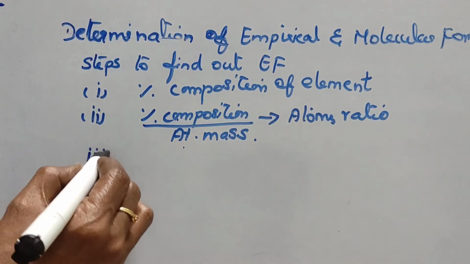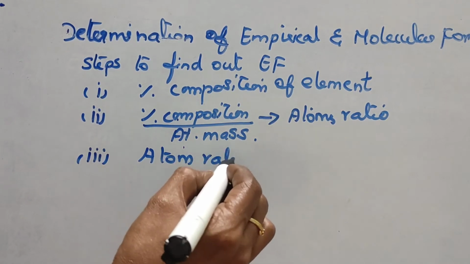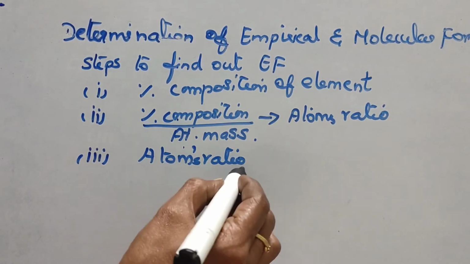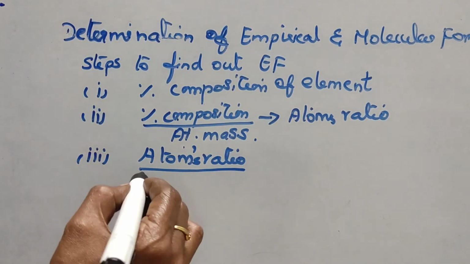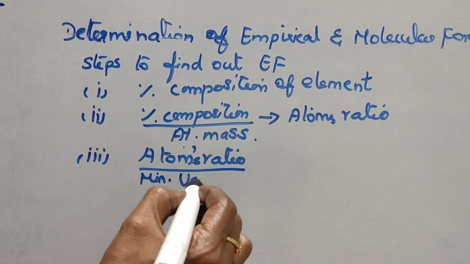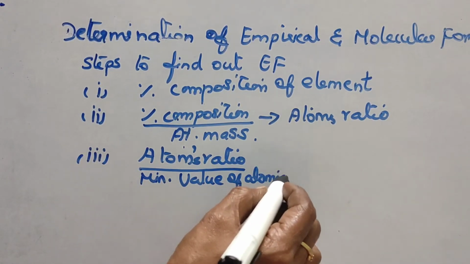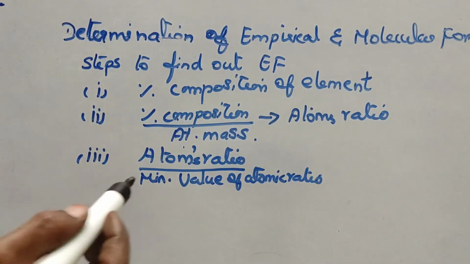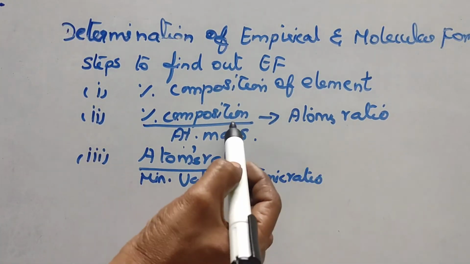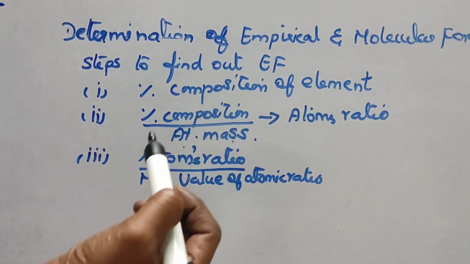Next, third step, the atoms ratio should be divided by the minimum value of atomic ratio. This is the second step. The atomic ratio we have already found out by using percentage composition.